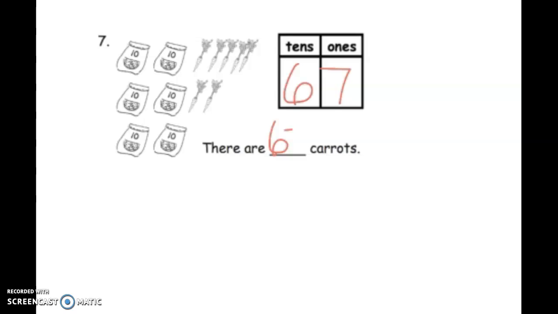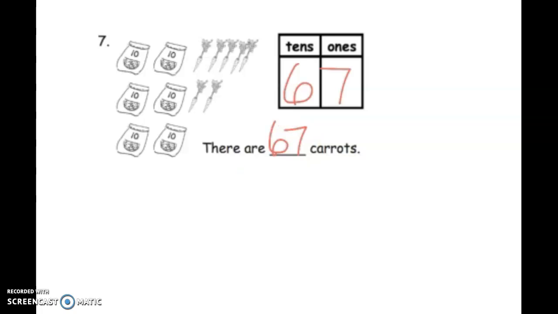We have 67. So we want our students to be able to skip count by tens, right? We want them to be able to say 10, 20, 30, 40, 50, 60. Or if we have 6 tens, we want the students to be able to say, hey, we have 60 carrots, right? So 6 tens and 7 ones, so that's 67 carrots.